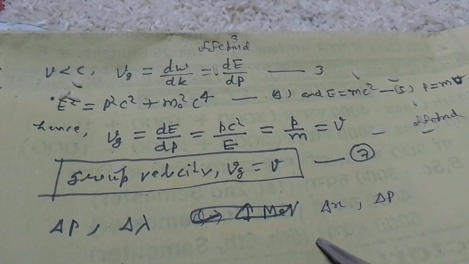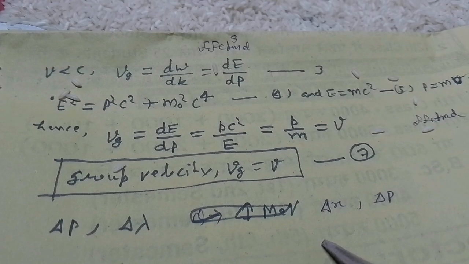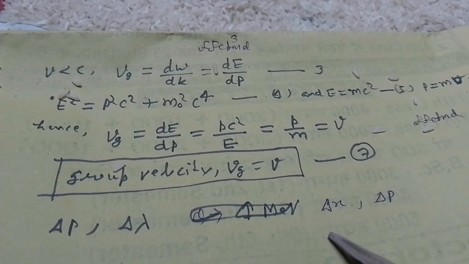Thus, we say that a direct consequence of the wave particle duality is the appearance of uncertainties, or spreads, in the momentum and the position of a particle. If one of them becomes definite, the other becomes completely indefinite.